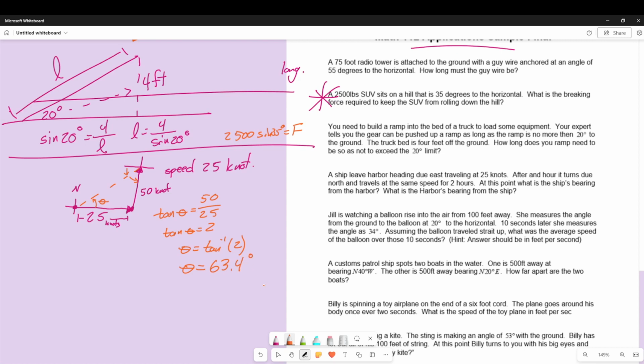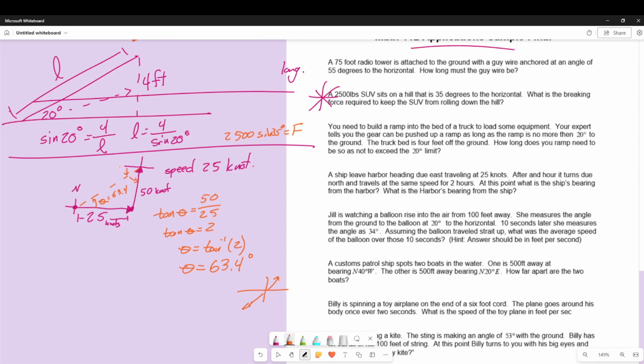63.4 degrees. And of course, that's an angle heading into quadrant 1. We know there would be another angle down here at 243.4 degrees. But we're clearly looking for this little acute angle, so 63.4 degrees is perfectly fine for us.